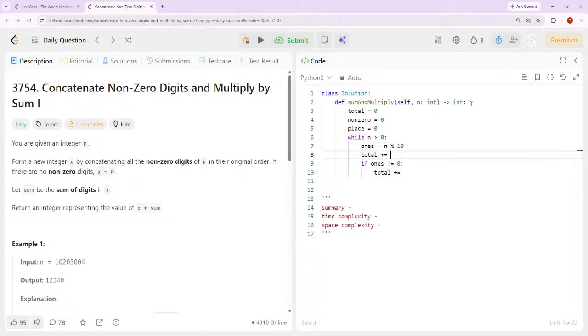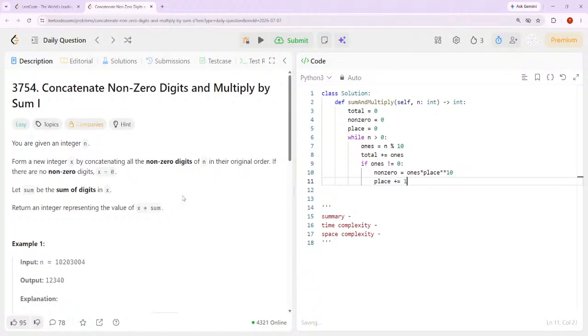Total always increments by the first digit, even if it's 0. And then the non-zero value is equal to the first digit times 10 to the power of the place value. I guess place value should be starting at 1 in that case, 10 to the 0. No, place value should start with 0. And then increment the place value.